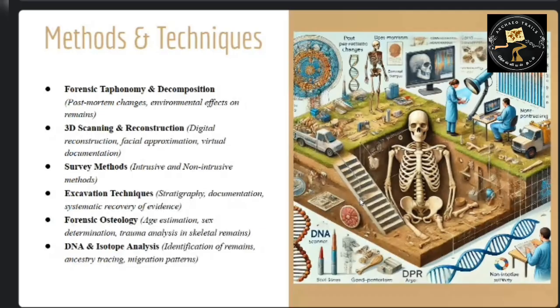But when you study the skeleton, you can see that new bone formation, the healing that has happened. This study is known as trauma analysis. Or even if someone is hit in the head and there is a fracture, studying that is also called trauma analysis. DNA and isotope analysis is also done.